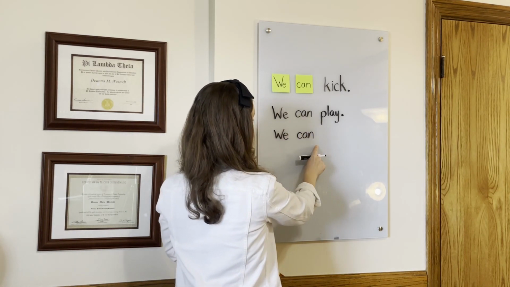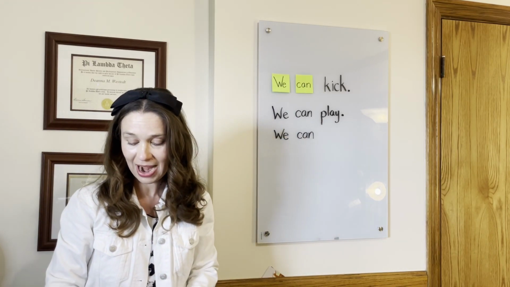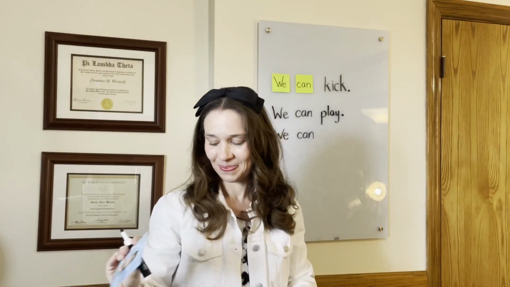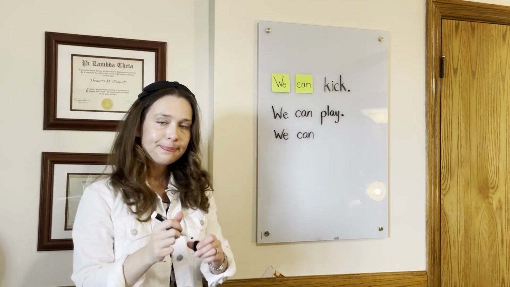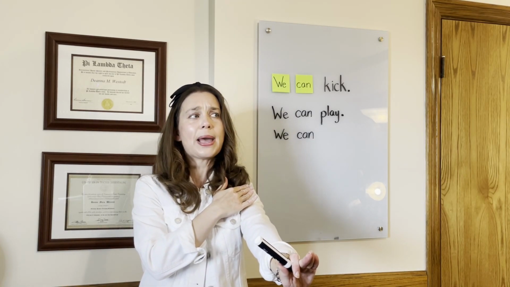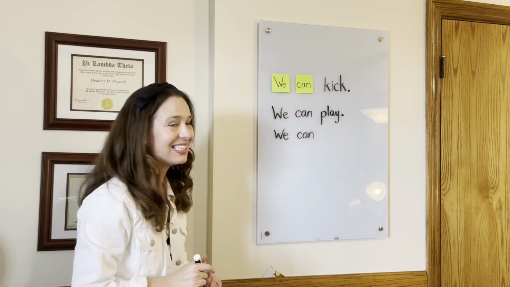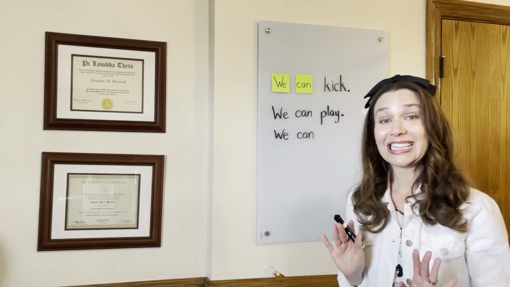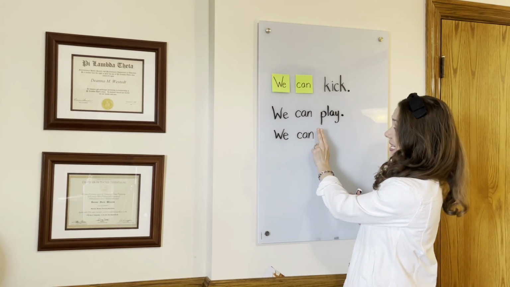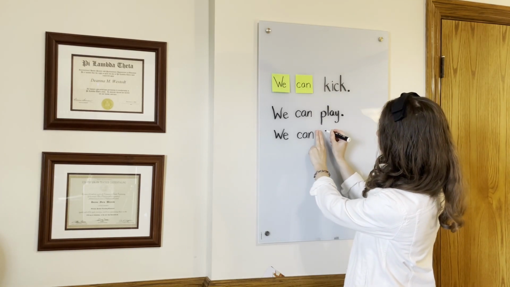C-A-N, can. We can, do you remember our action word? Is swim. All right. Let's think about what do I hear at the beginning of swim? Oh, I know this sound. This is the letter S. That says S.